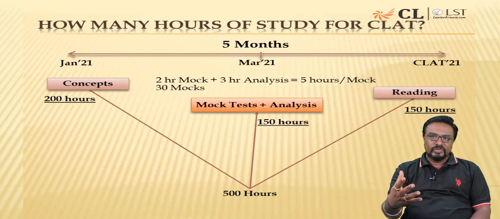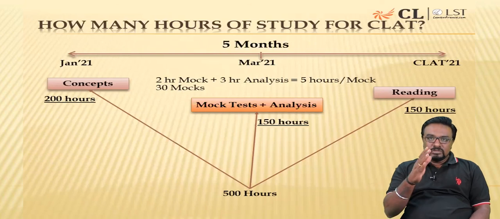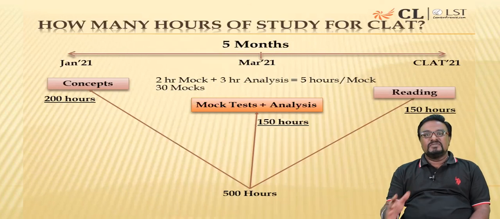That makes 5 hours per mock, and I'm talking about minimum 30 CLAT mocks. That's 5 into 30, which is 150. So 200 hours for your concepts, 150 hours for your reading, 150 hours for your mock and analysis. That makes it 500 hours.